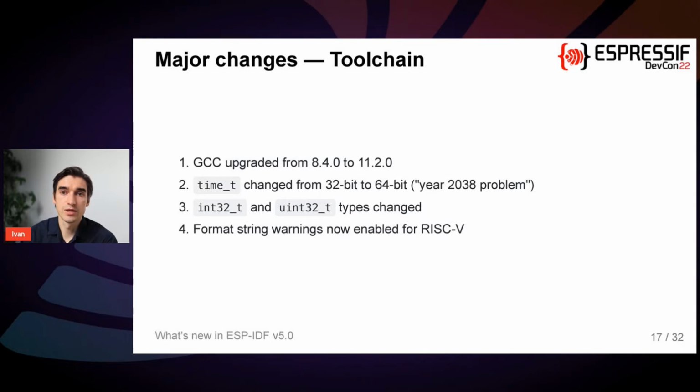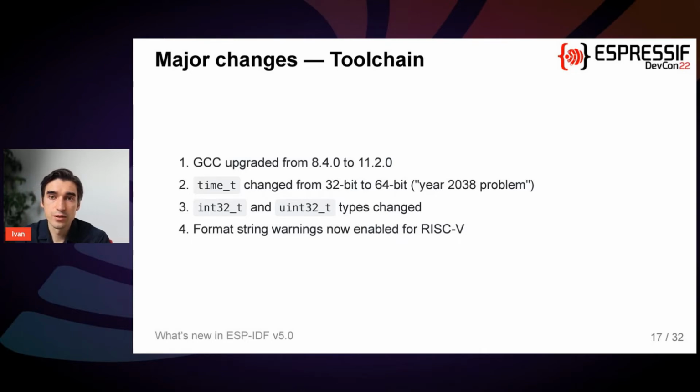And now with 5.0, we are finally switching the default type to 64-bit. So this probably will not actually cause breaking changes to most of the applications, but if you're dealing with time_t, like doing some conversions or arithmetic, you need to check whether you are mixing any 32-bit type anywhere accidentally.